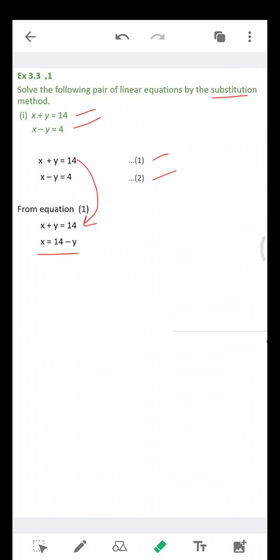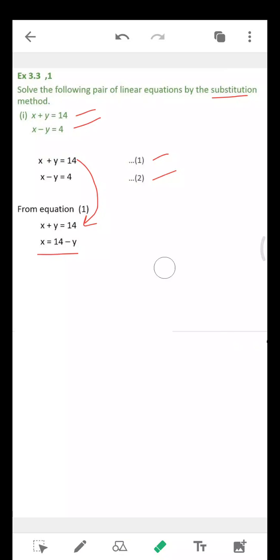So I have taken x in terms of y. You have learned in 9th class how to write x in terms of y. So x is equal to 14 minus y, from equation 1. Keep that also in your mind.